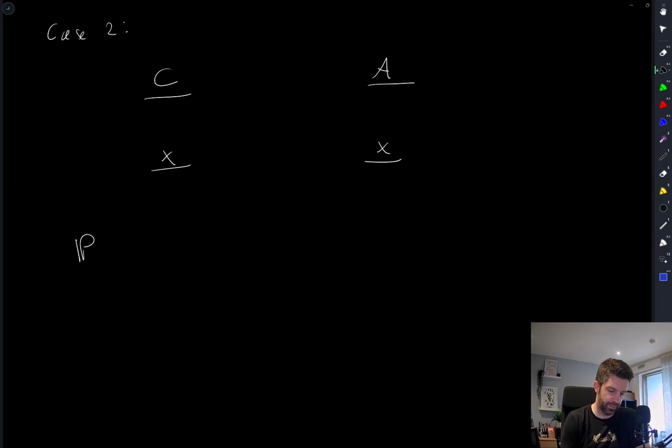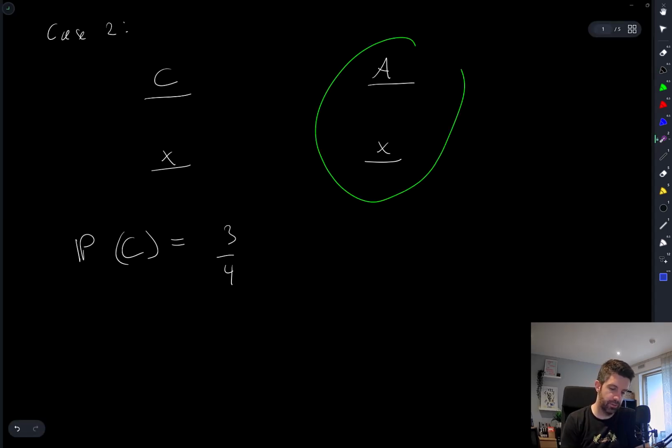So the probability he wins the first match is 3/4. Then the probability he wins the second match depends on who wins the other match.